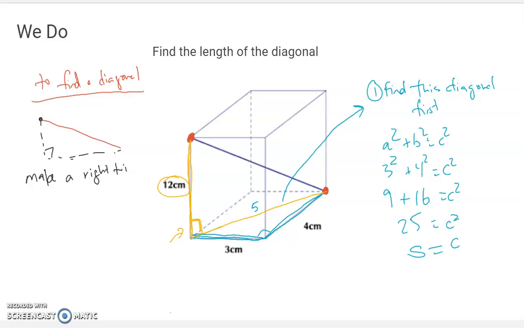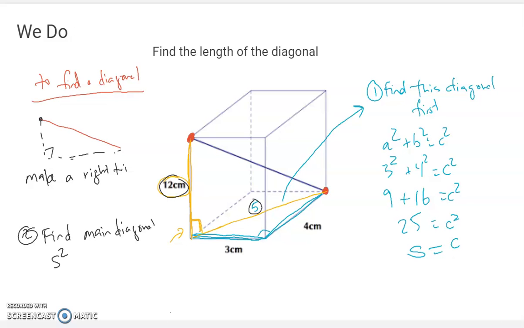And once we've found that, second, you can find the diagonal. Find the main diagonal, we'll call it. I had to know that 5 first, because now I have a leg, I can find this hypotenuse, but it took some time.